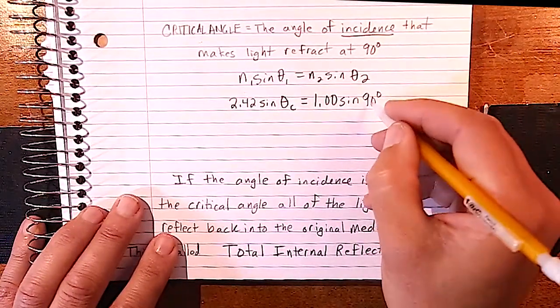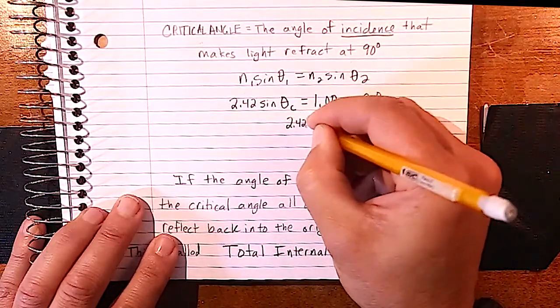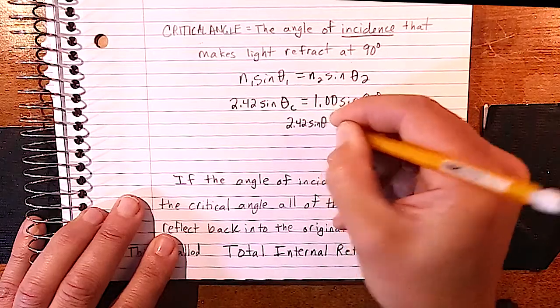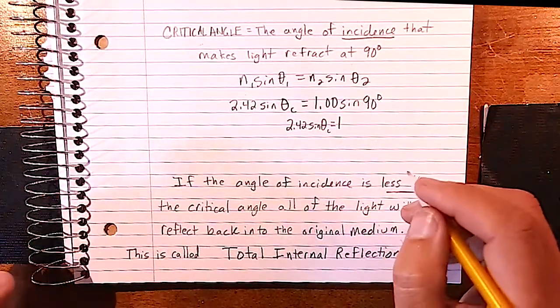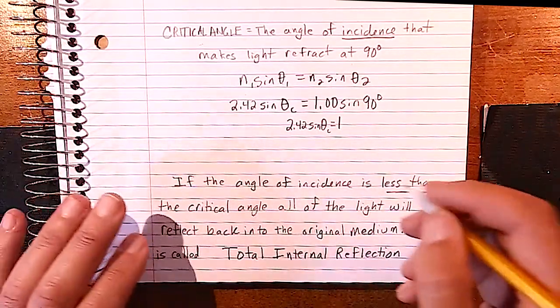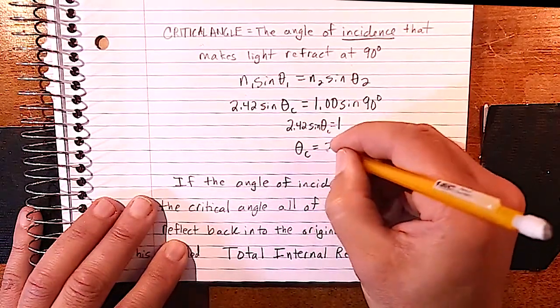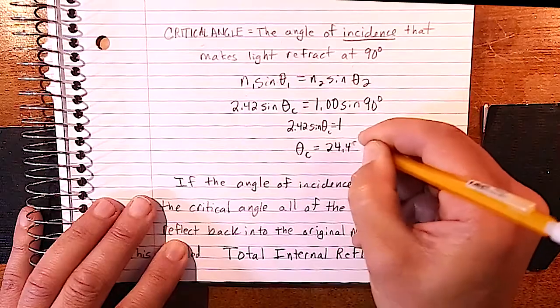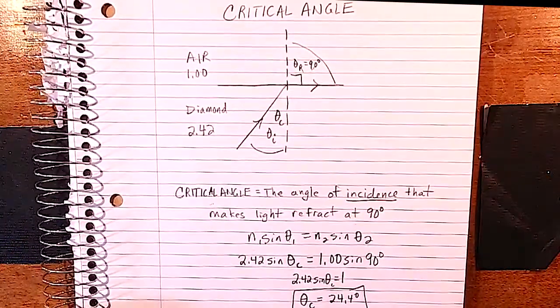Sine of 90 is 1. 1 times 1 is 1. So we have 2.42 times sine theta critical equals 1. And we go ahead and put our numbers into our calculator. I've shown you how to do that, so I'm not going to do that again. And our critical angle comes out to 24.4 degrees.